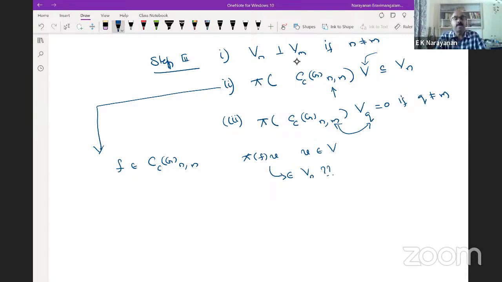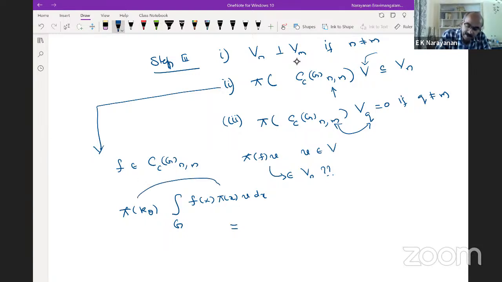Which means I should apply K to it and see what character comes out. So I apply pi k theta to pi f v. Pi f v is the integral over G of f of x pi x v dx. So pi k theta will go inside and then this will get combined with this.